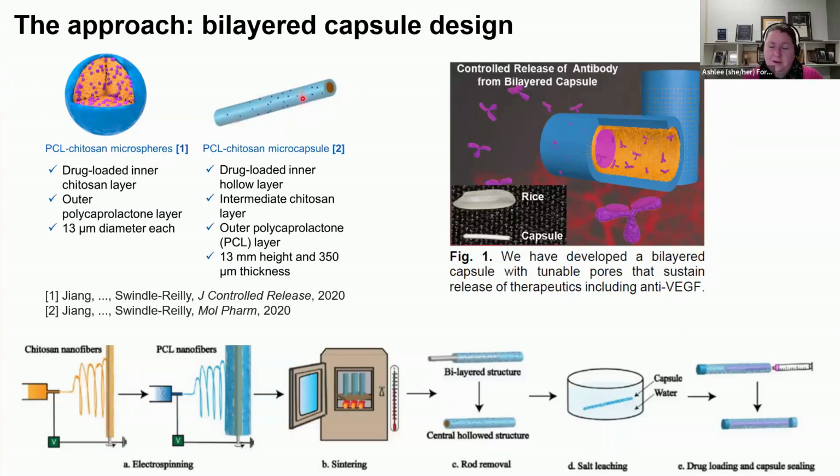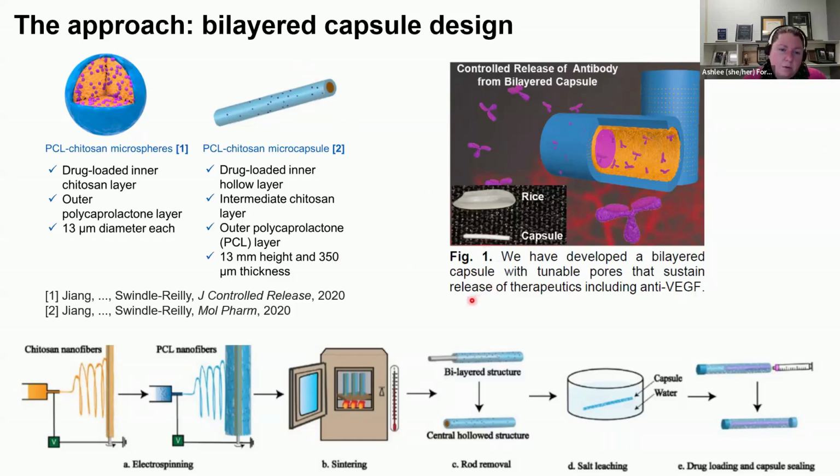They're just shown here illustratively, but these capsules are shown in this inset to be smaller than a grain of rice, and their diameter is such that they could fit inside of a hollow bore needle, one that's normally used to inject the drug. Instead, if they could inject this capsule, the idea is to extend the release to 1 or 2 years rather than each month for just a solution-based injection.